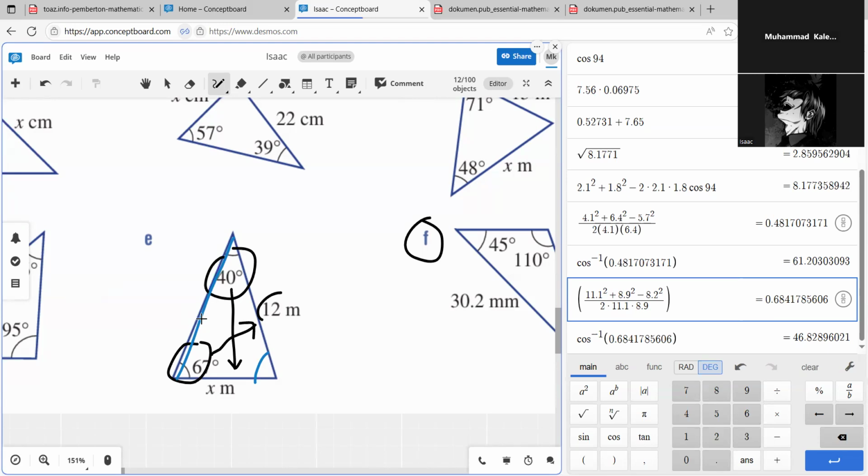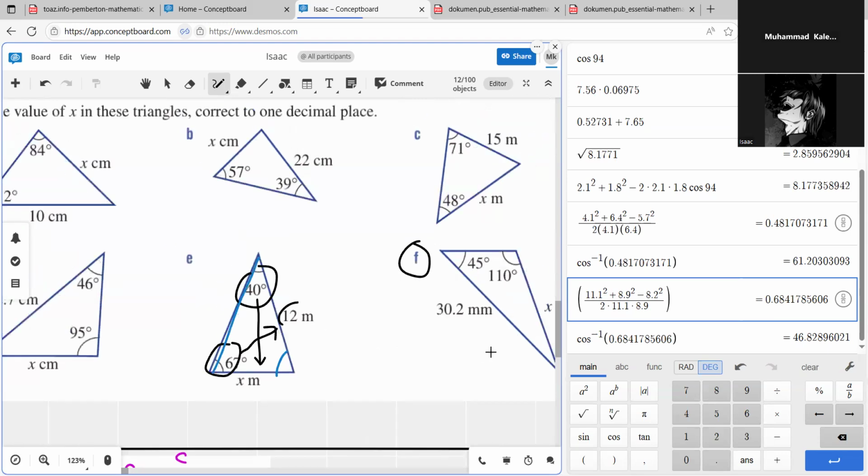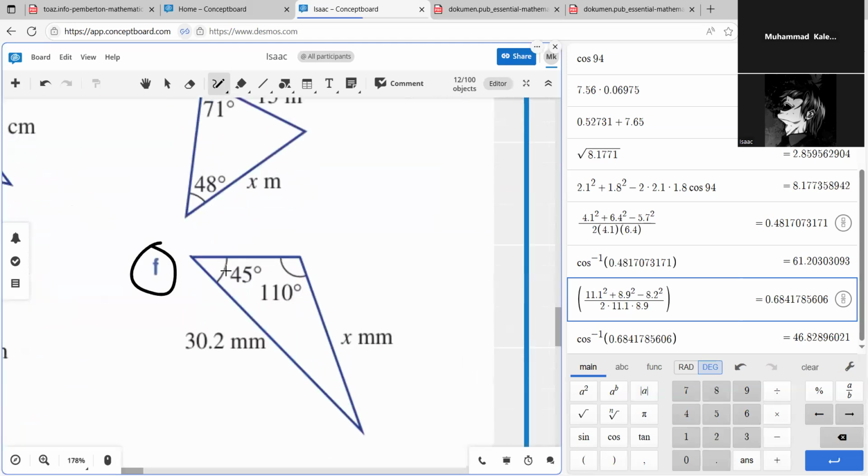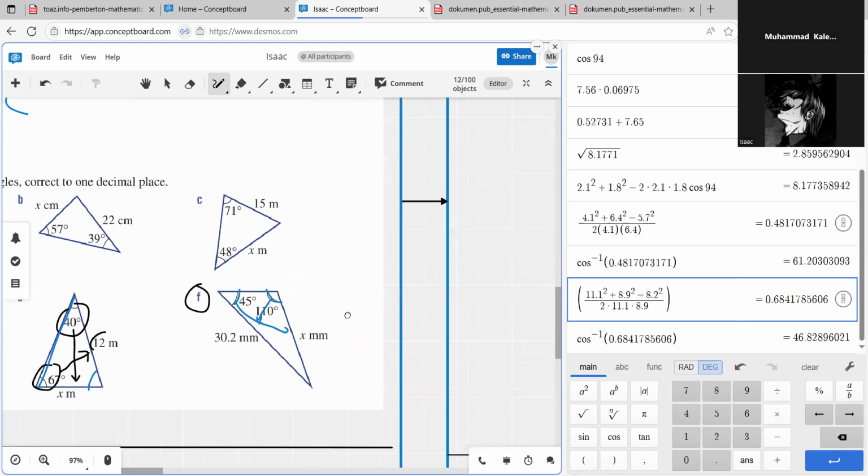So when two angles and their two opposite sides are under observation, then we have to use sine's rule.